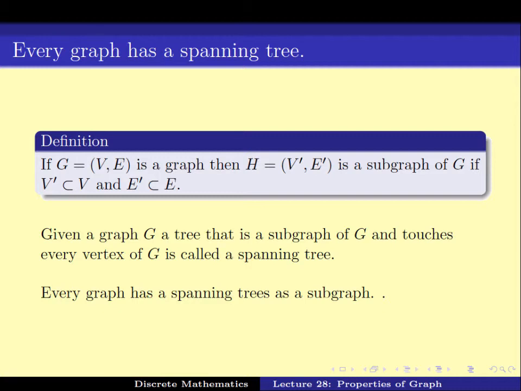In that case, there must be a cycle or an edge that I can remove. So I remove that edge, I get a smaller graph which is connected, and we recurse on that again. Using this recursive idea, we get the fact that every connected graph has a spanning tree as a subgraph.